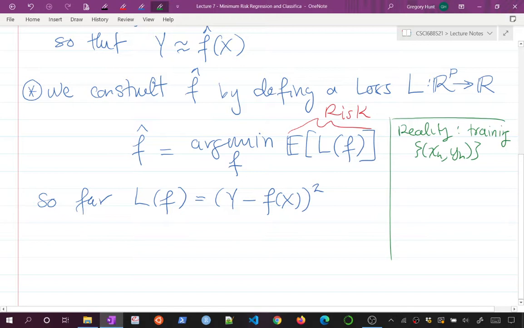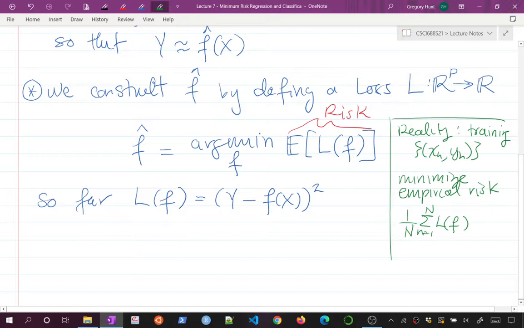Right, we get our training data, x_n and y_n, and we minimize the empirical risk, which is basically an estimate of our risk, L of f.